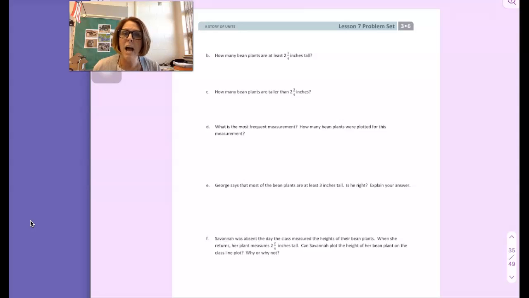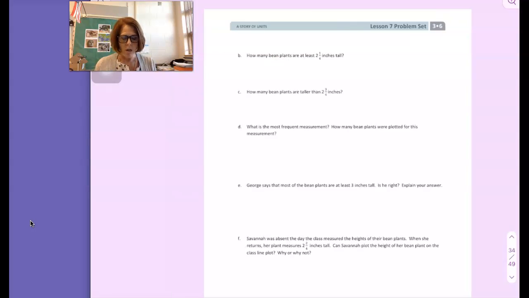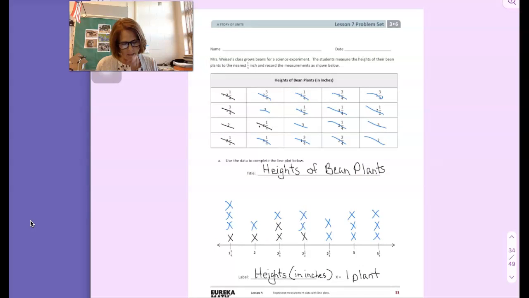Letter B says, how many bean plants are at least 2 1/4 inches tall? So I'm going to go back and I'm going to start at 2 1/4 inches. At least means that they are that height or more. So go ahead and count how many bean plants we have from 2 1/4 all the way up to 3 1/4.